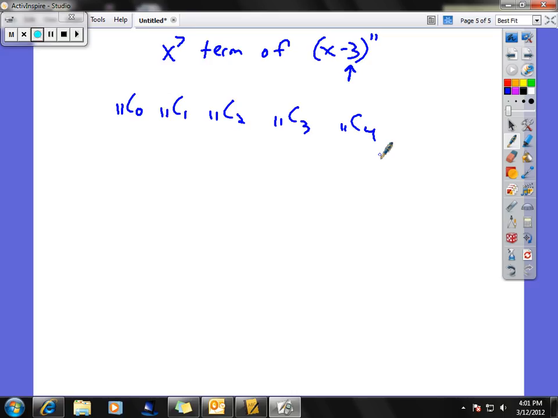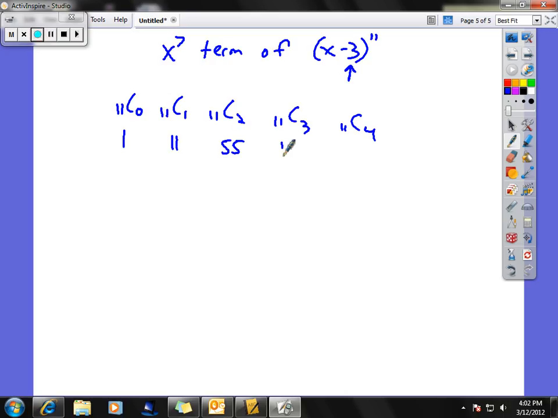Now, 11C0 is 1. 11C1 is 11. 11C2 happens to be 55. 11C3, let me do 11C3 real quick, is 165.